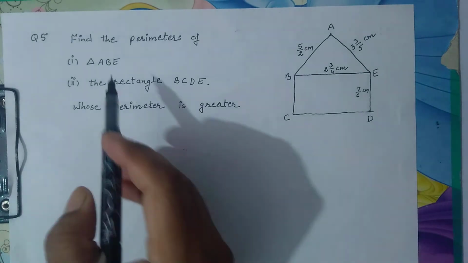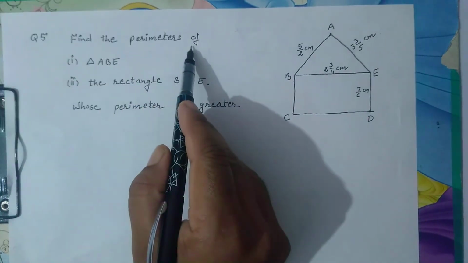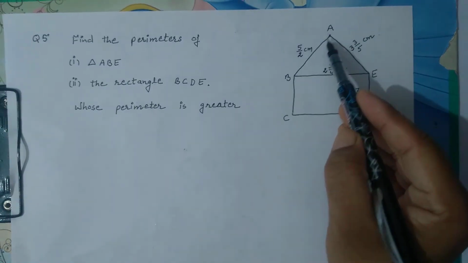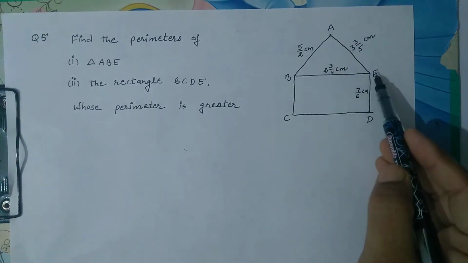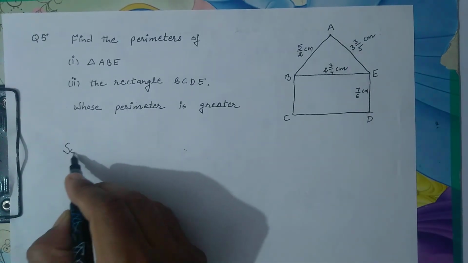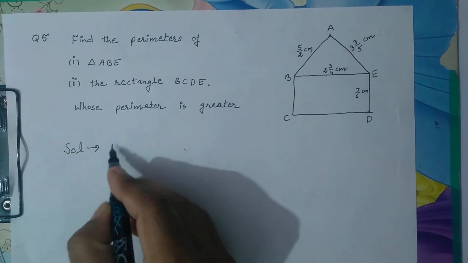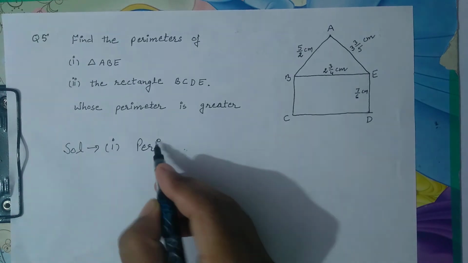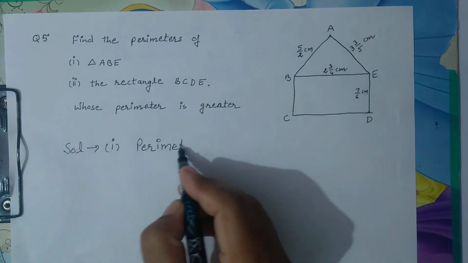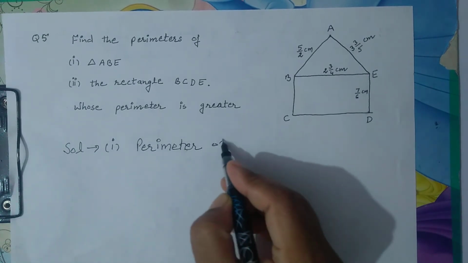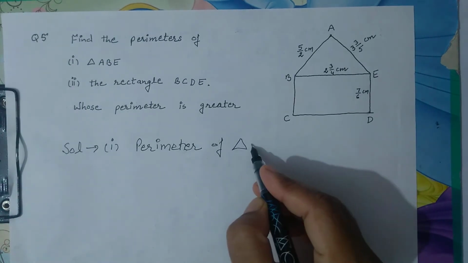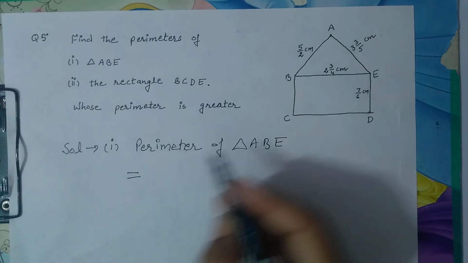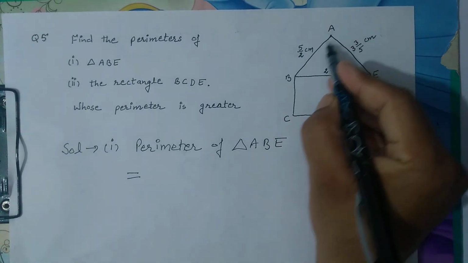Our next question, number 5. Find the perimeter of triangle ABE. Here this is the triangle ABE. So what is the solution to this question? Part number 1. Perimeter of triangle ABE is equal to adding all the sides.